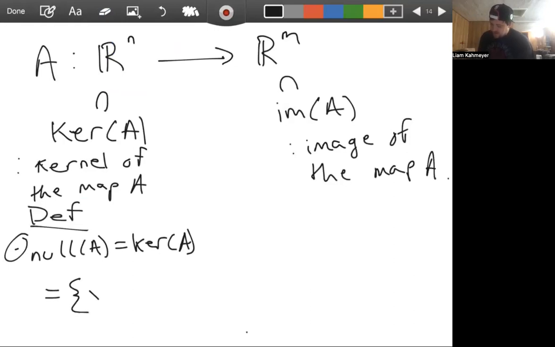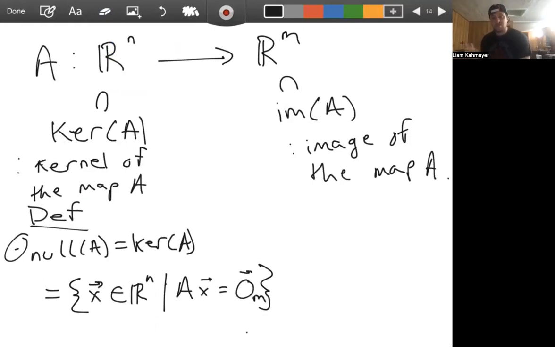It's the set of vectors in Rn such that when you apply A to those vectors, you get the zero vector in Rm. So maybe I should say 0_m there to specify that these are vectors in the domain that when you apply the function to them, they get mapped to 0. So the kernel or the null space is looking at everything that is sent to 0, right? It's because it's the kernel.